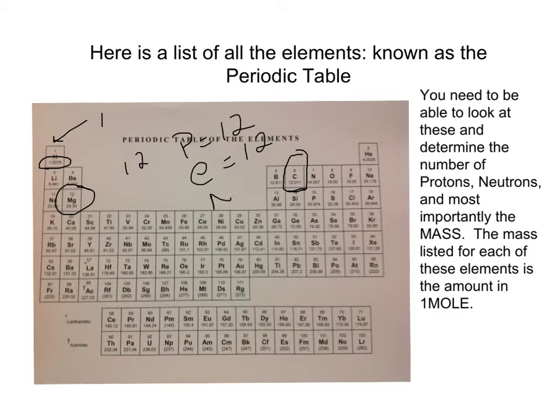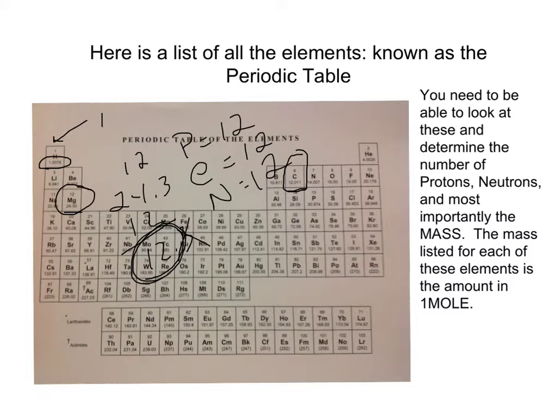For me to figure out how many neutrons it has, I would take 24.3, which is its atomic mass, you can see there, subtract my atomic number, which is the number of protons, and come up with 12.3. Remember, the 0.3 is just something that is averaged out there, because you can't have a point of a proton or a point of a neutron. So that means I have 12 neutrons.